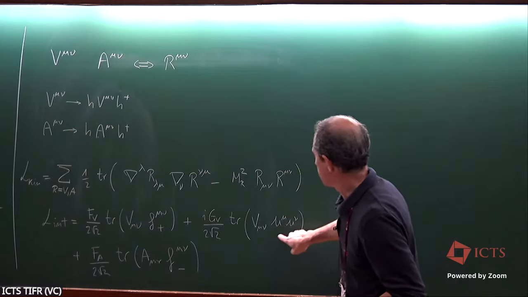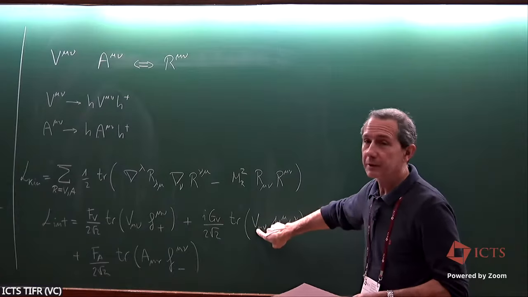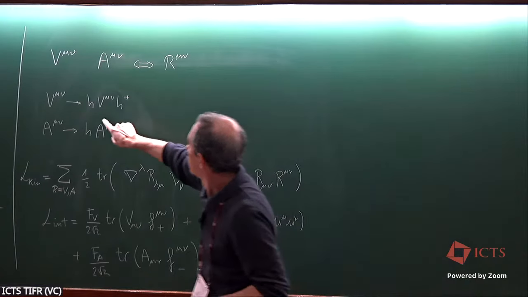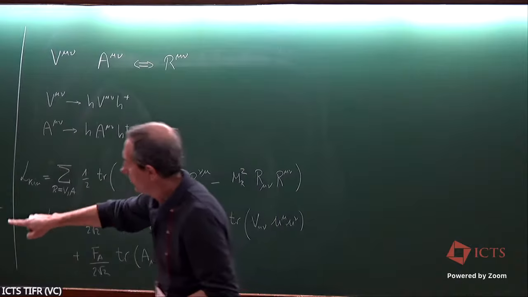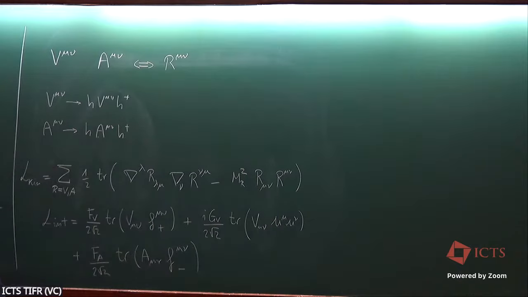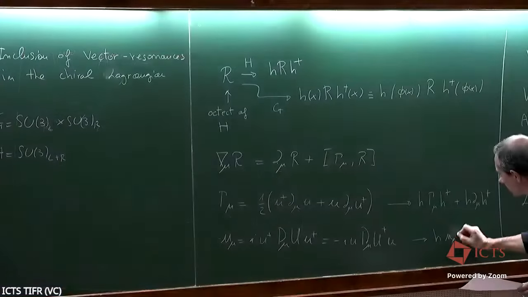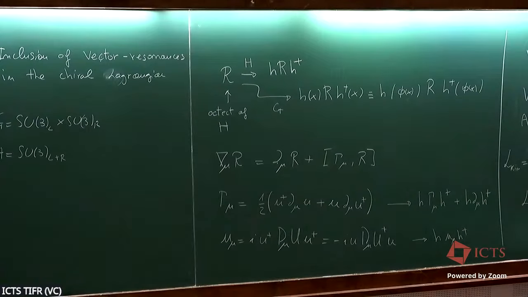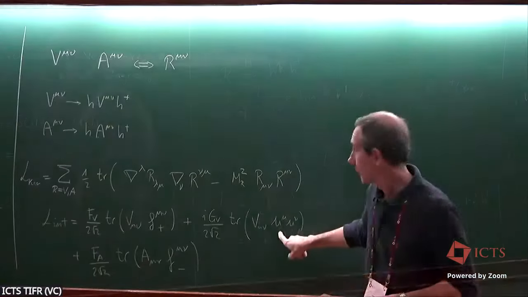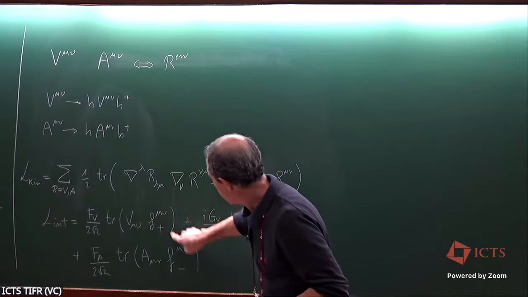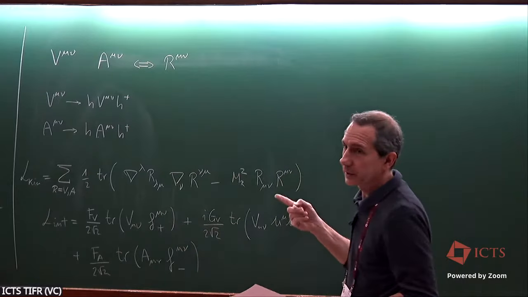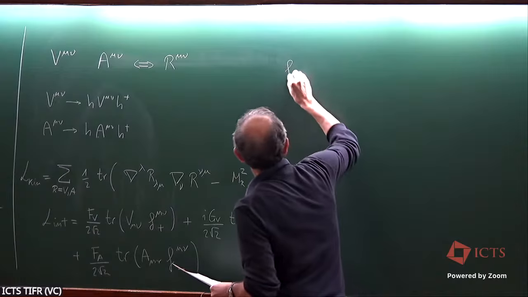This term, for instance, is easy, right? You understand, because this V transforms as this, the object we know transforms under H. So this is clearly invariant, right? What are these other terms? Well, these are terms which contain our external field.